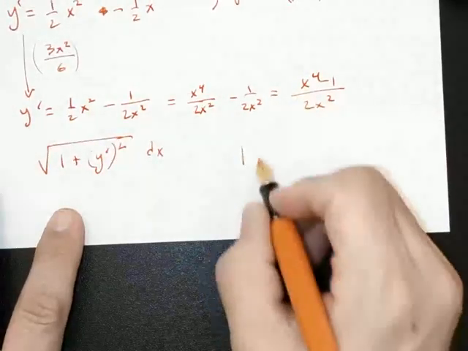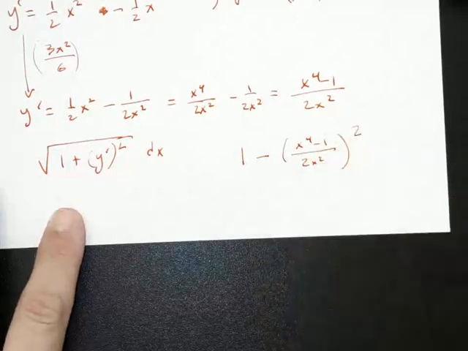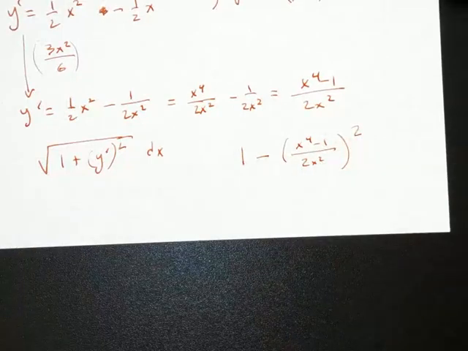I need to take this and square it. Please notice, as is the case with most calculus problems, the big ugly stuff is the algebra.